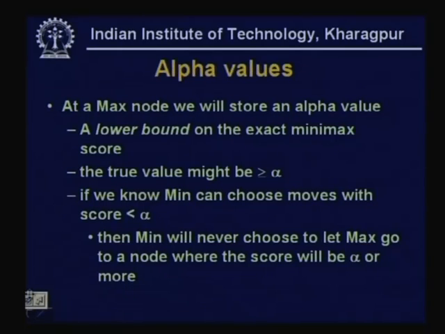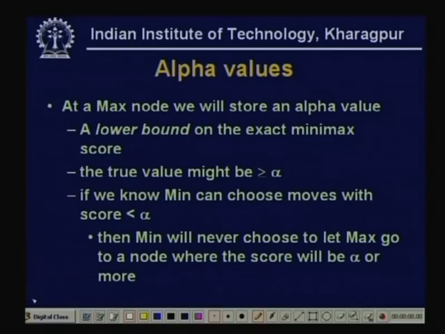At a max node, we will store an alpha value. The alpha value at the max node is a lower bound on the exact minimax score of that node. So, initially we can initialize the alpha value of all max nodes to be minus infinity. At any intermediate point, the alpha value of the node is a lower bound on its actual minimax value.